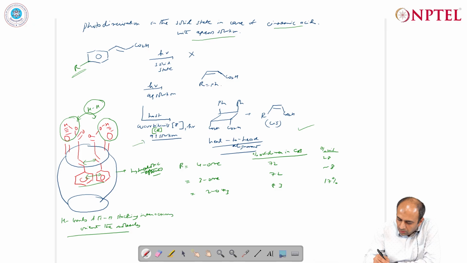By using a suitable host we are able to template them so that head to head interactions take place and we get the desired products in sufficiently large yields in cucurbiturils.